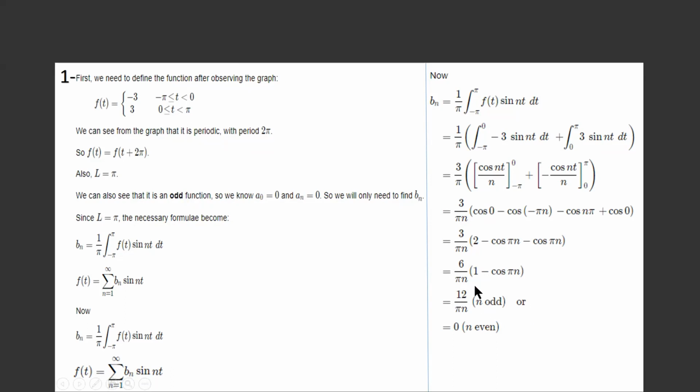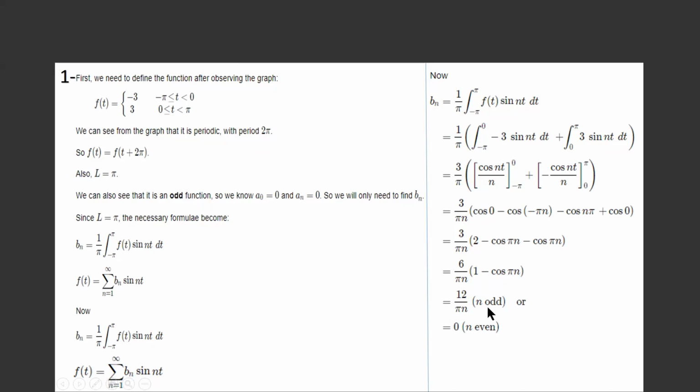Again, when n is even, you have cosine 2 pi, cosine 4 pi, cosine 6 pi. Cosine 2 pi is 1. Cosine 4 pi is also 1. So 1 minus 1 will be 0. So n even makes this value 0, and 0 multiplied by this one will be 0.